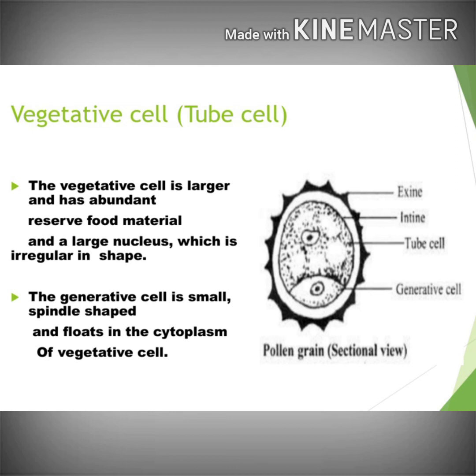Actually, the generative cell or nucleus is considered the male gamete. This nucleus will divide and form male gametes. The function of the vegetative cell is to give nourishment to the pollen grain. The nucleus inside the vegetative cell is called the vegetative nucleus or tube nucleus, and the nucleus inside the generative cell is called the generative nucleus.